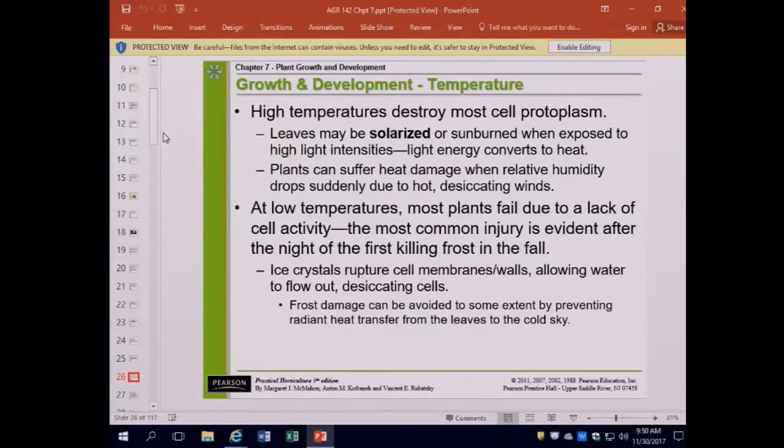And this idea of chilling requirement is the amount of cold hours that are required by that plant to basically rest. Once it has accomplished that magical number for that particular variety, and you get weather that's warm enough for it to begin to grow again, that plant will begin to grow and potentially flower.